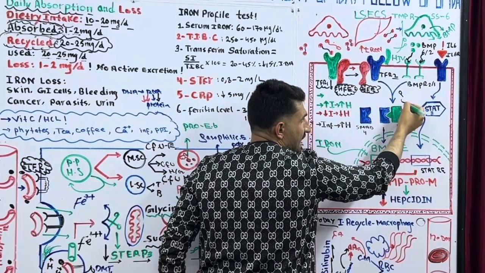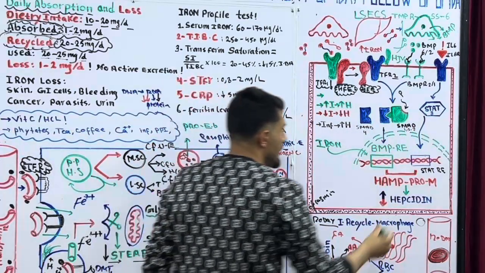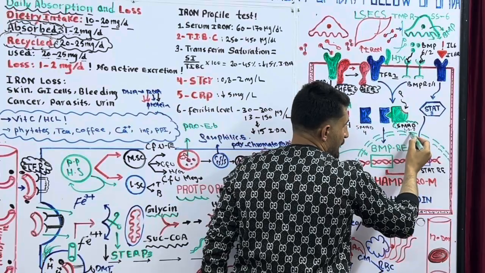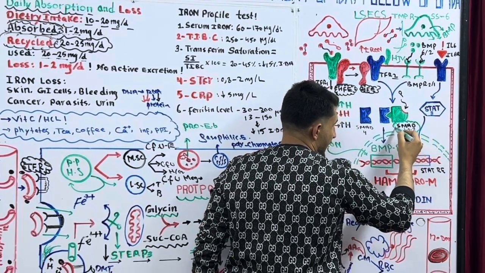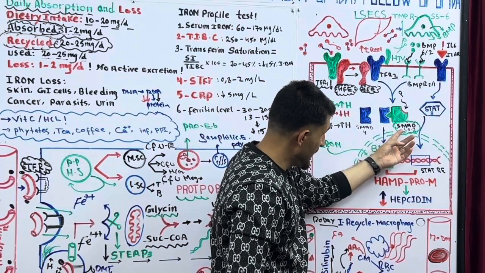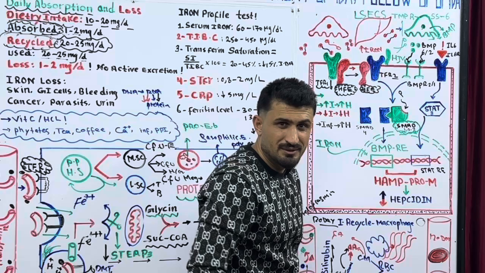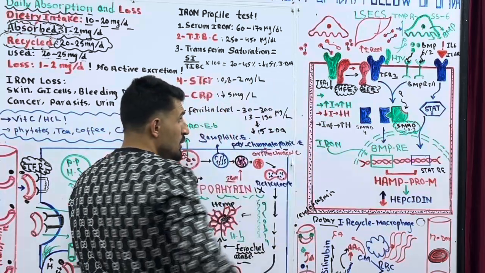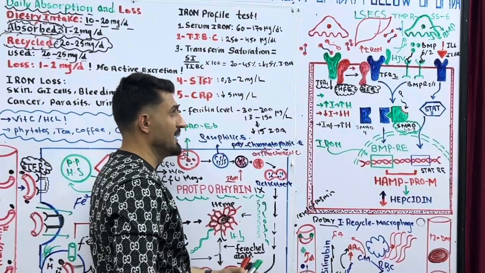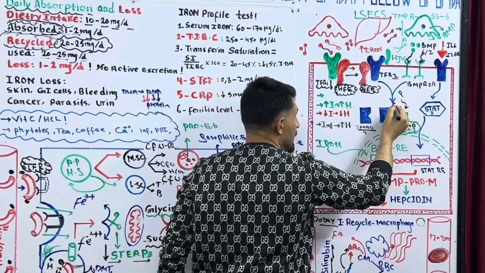It phosphorylates, here inside the cytoplasm, a protein which is called SMAD protein type 1, 5, and 8. SMAD stands for suppressor of mothers against decapentaplegic. So this is SMAD 1, 5, 8 type plus SMAD4 protein, and both of them are joining together.